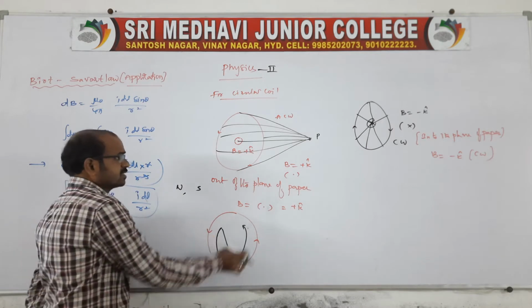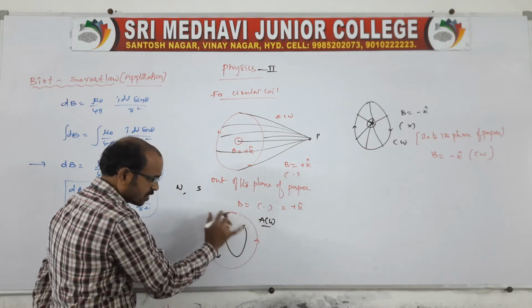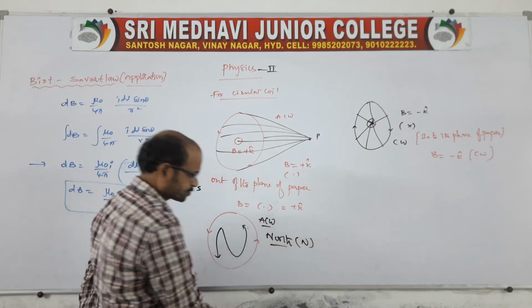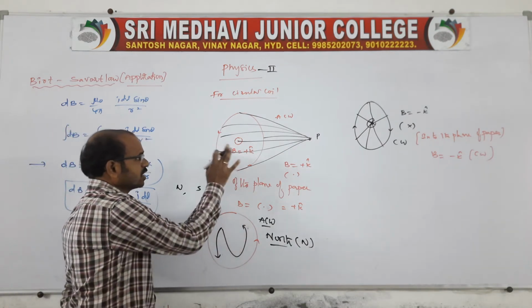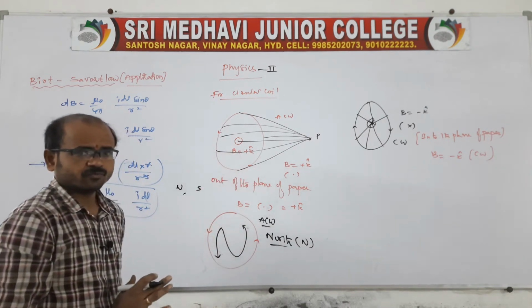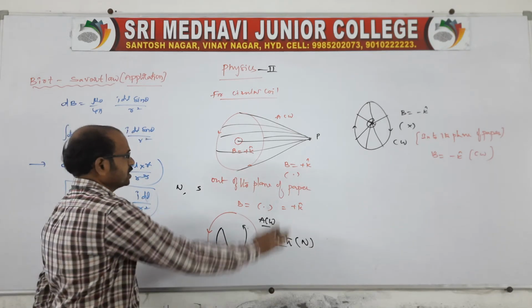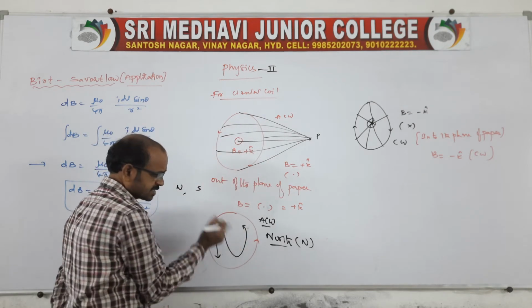So when the direction of current is anti-clockwise, that coil behaves like a north pole. Is it okay? Now what I mean to say is, coils carrying a current behave like poles. So based on the direction of the current in the coil, we can say the pole.